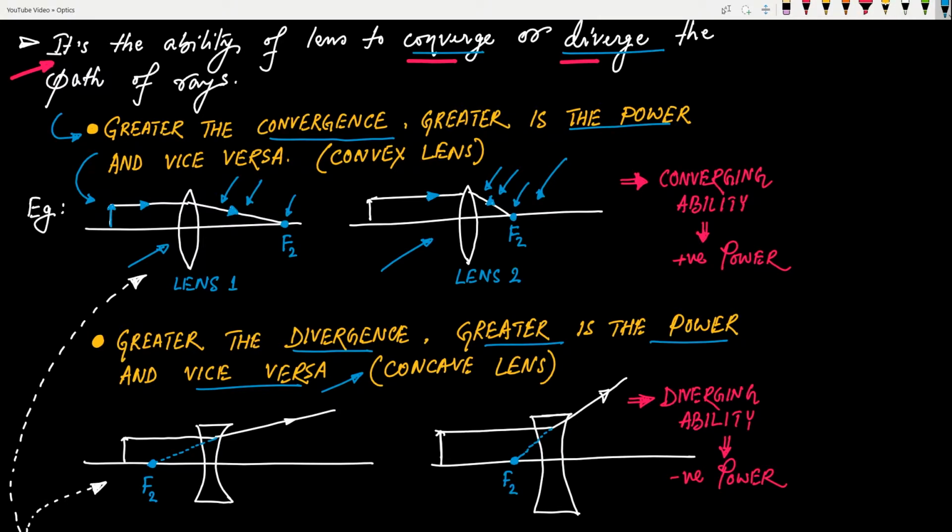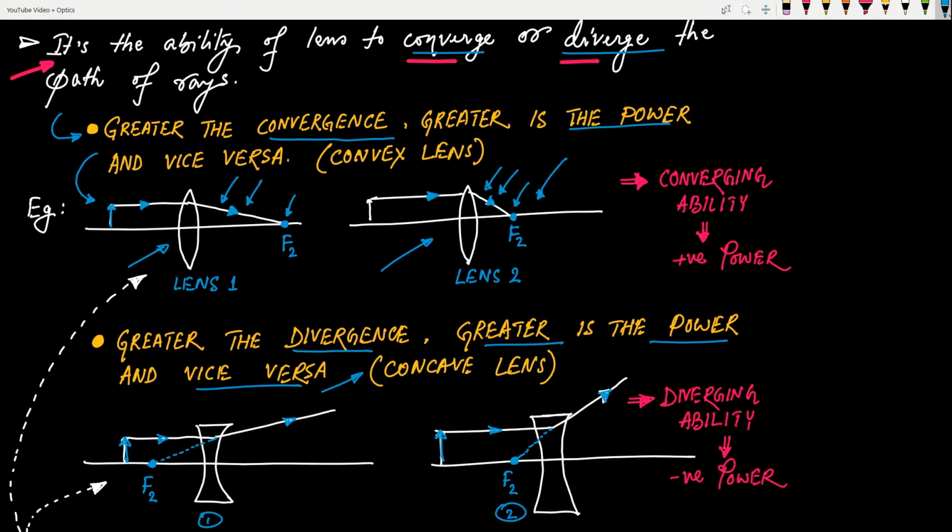Similarly, we have taken lens number 1 and lens number 2, and we have taken an object in front of both lenses. We have taken rays that are parallel to the principal axis for both cases. After refraction, the rays will diverge, and as you can see, the rays are diverging for both the lenses.